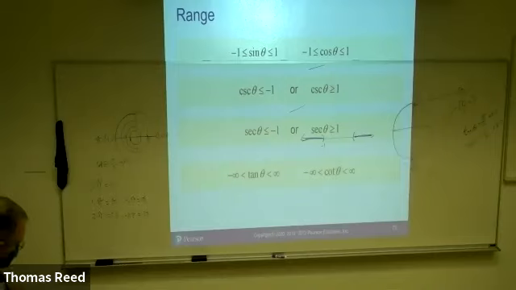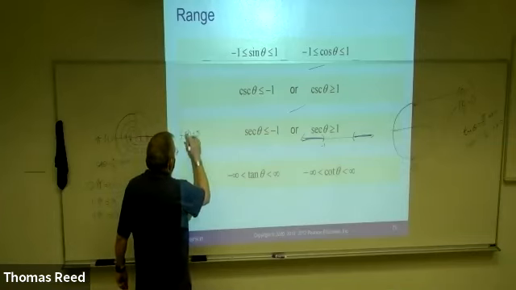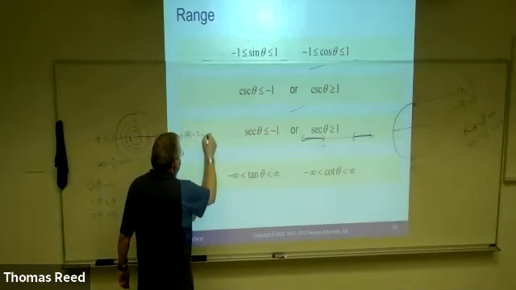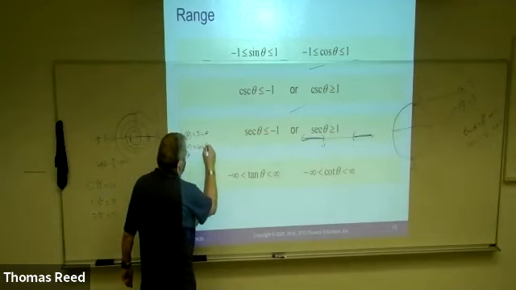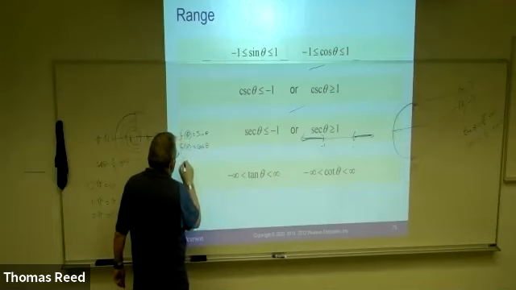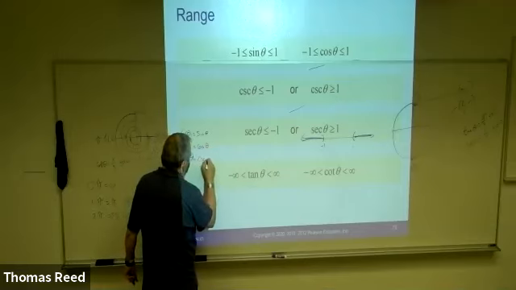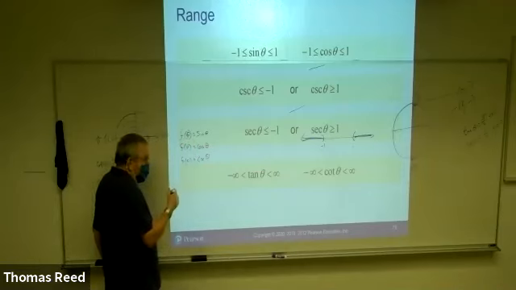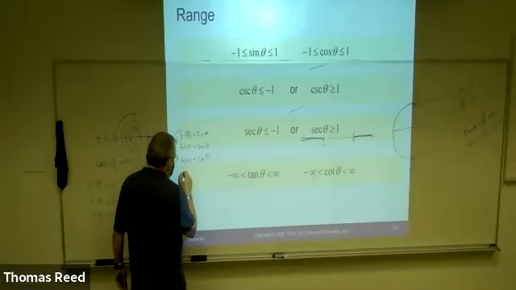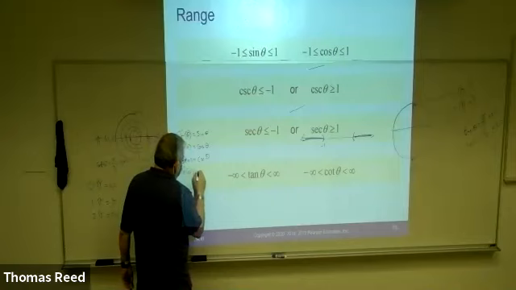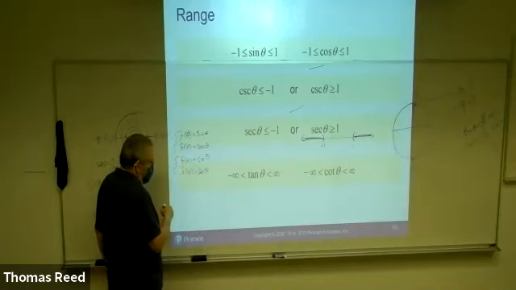So when we start looking at functions, f of theta equals sine theta, and f of theta equals cosine theta, their graphs are very specific and unique. These are just shifts of each other. And secant and cosecant, these two are shifts of each other.